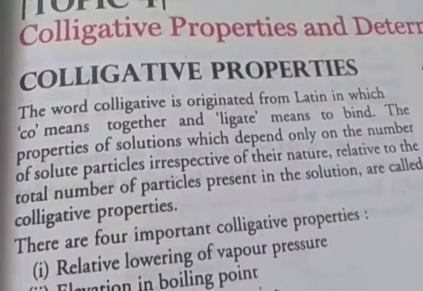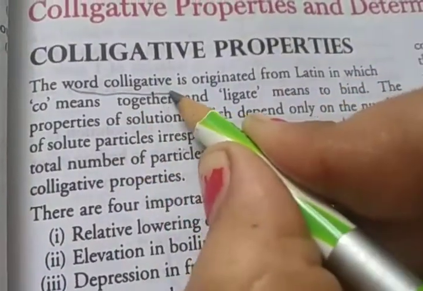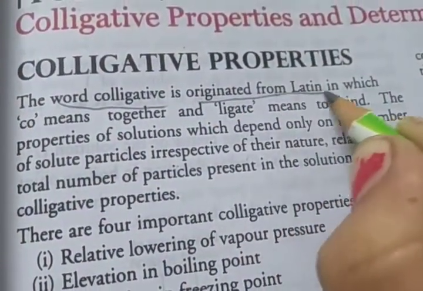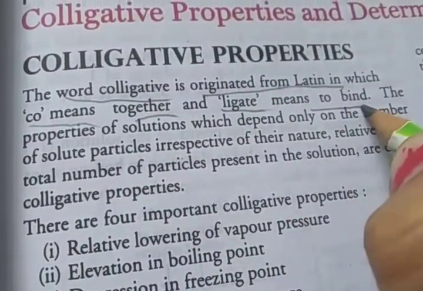Next topic is colligative properties. The word colligative originates from Latin, in which co means together and ligate means to bind.